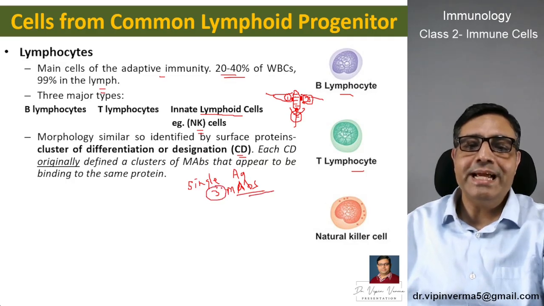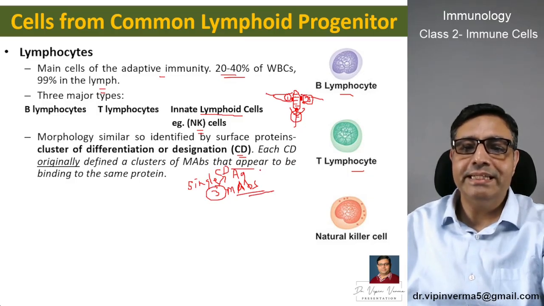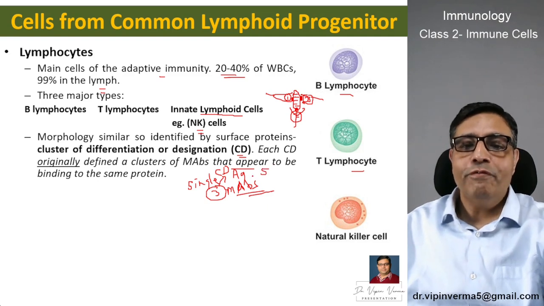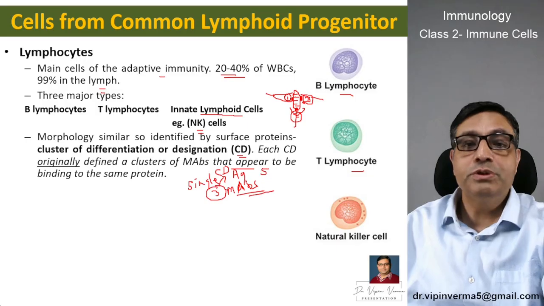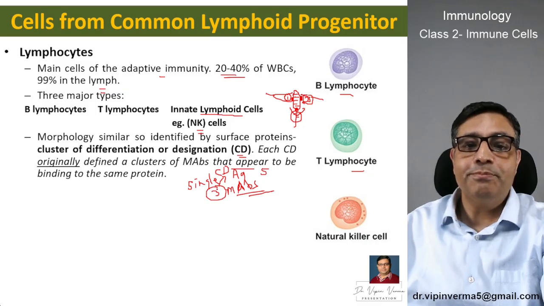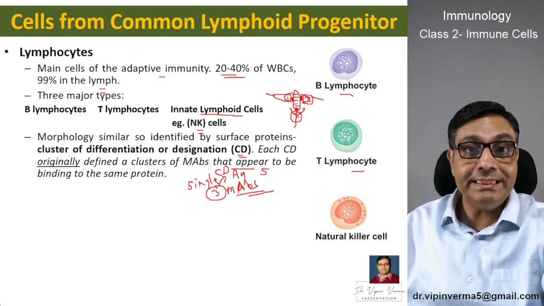So these three antibodies I will keep in a cluster, and I will say this is the CD, and I will give this cluster a number. For example, this is CD5. I'm just taking an example. Whenever I refer to CD5, I am referring to the antigen which can be recognized by the cluster of these three monoclonal antibodies, and only these three.